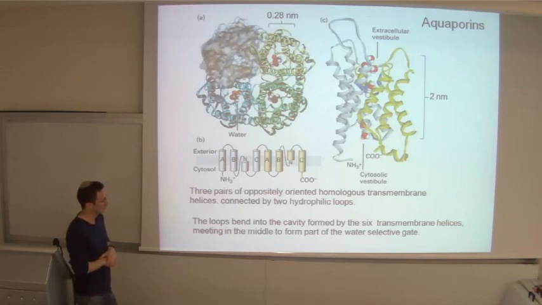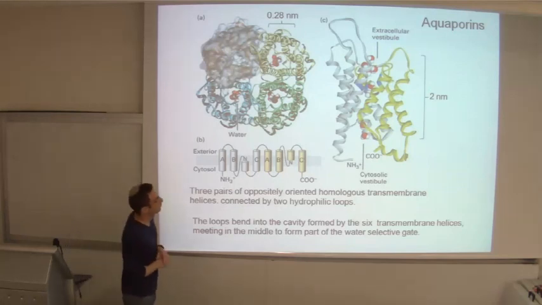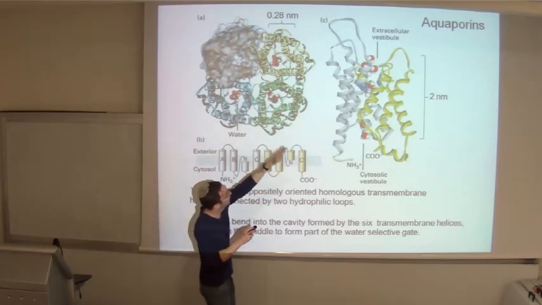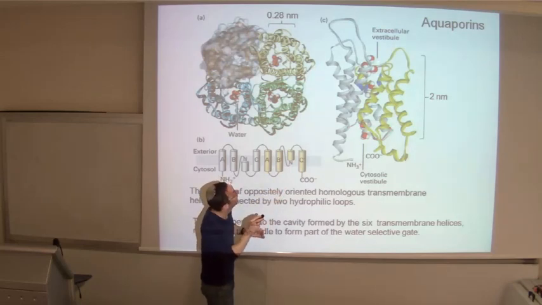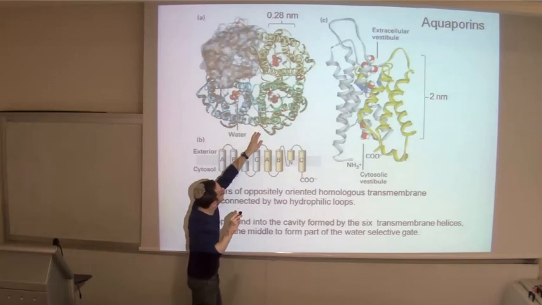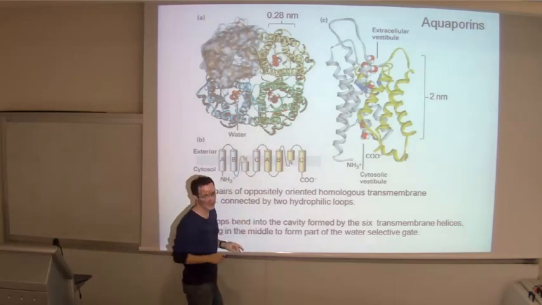Now, another common thing, just one last thing I'll mention, is that again these loops here bend into the cavity, into the channel that's formed between the alpha helices, and these loops that kind of hide part of the holes form the selective filter for water molecules in the aquaporin.